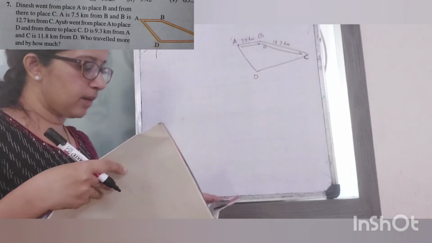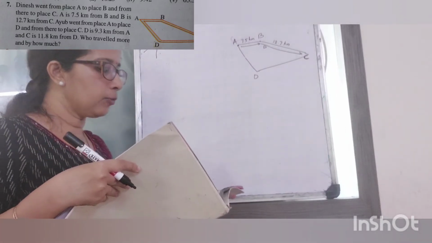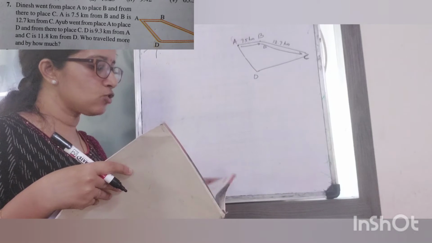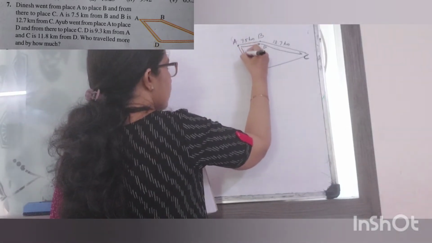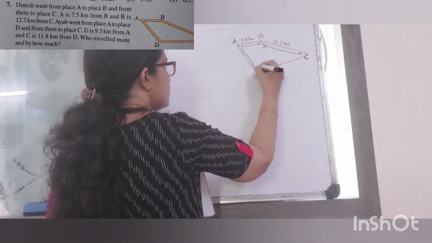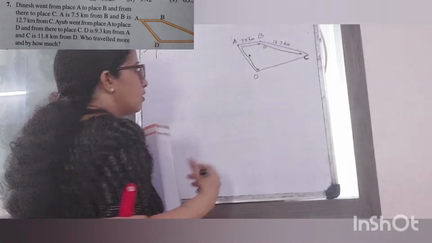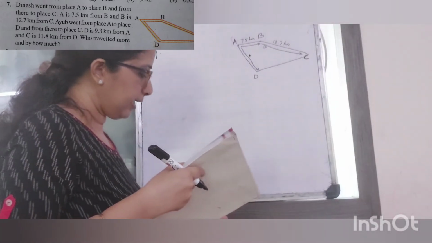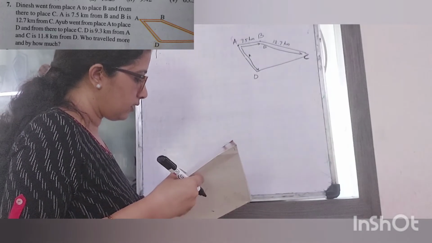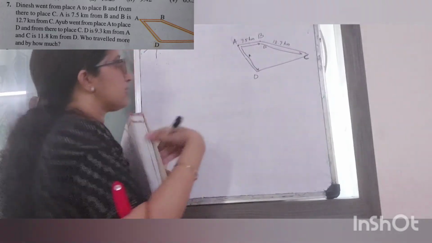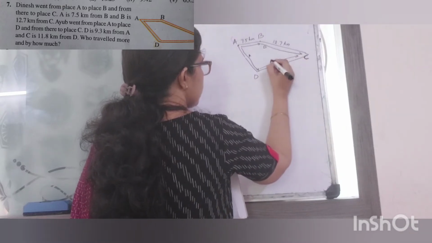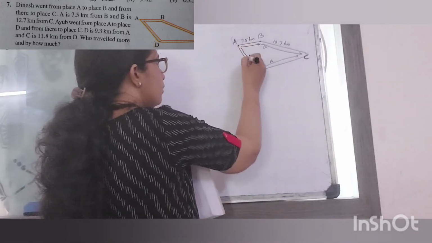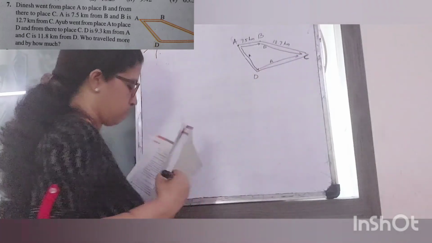Now what's the next part of the question? Ayub went from place A to place D, and from there to place C. This is Ayub, so Ayub moved in this direction.